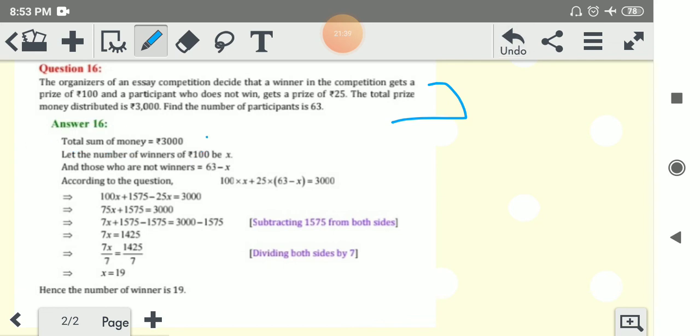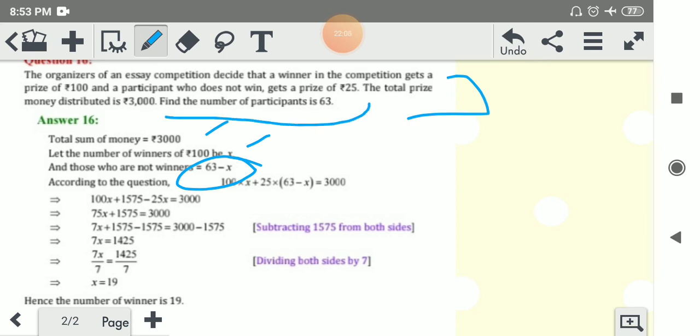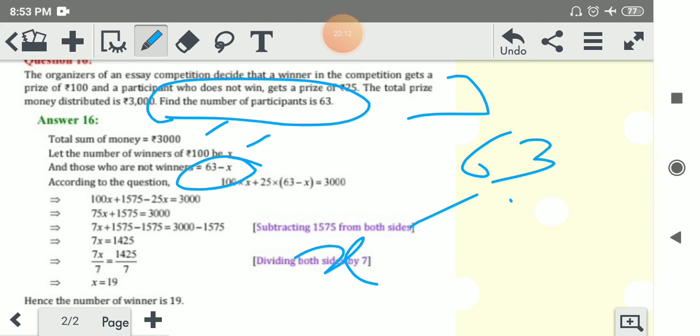Let the number of winners of 100 rupees be x, and those who are not winners are 63 minus x, because the total participants are 63. Suppose the total is 63, of which x are winners, then the remaining are 63 minus x. So x are winners and 63 minus x are not winners.